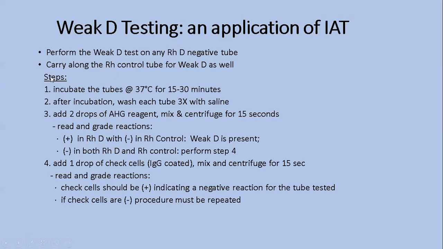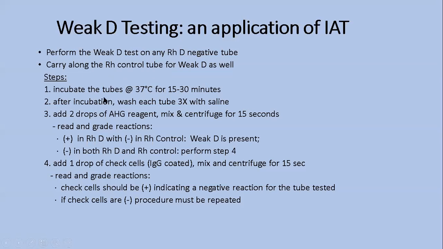So here are our steps. The first thing we're going to do is take those two tubes and place them in our 37-degree heating block for 15 to 30 minutes. This is going to allow for the first stage sensitization for antibody and antigen to come together. Maybe they need a little bit more time.